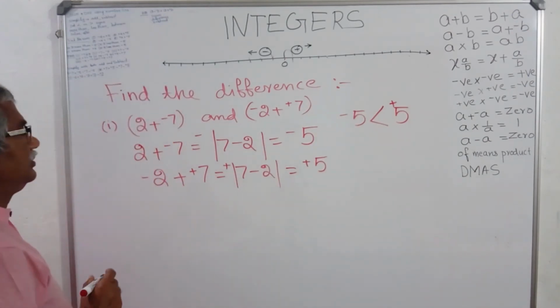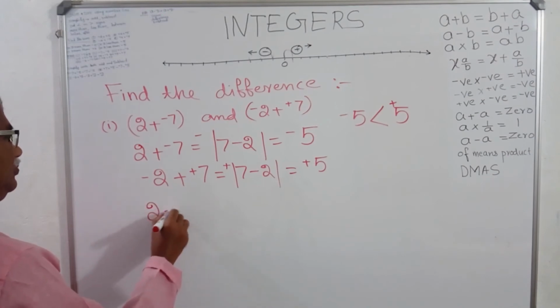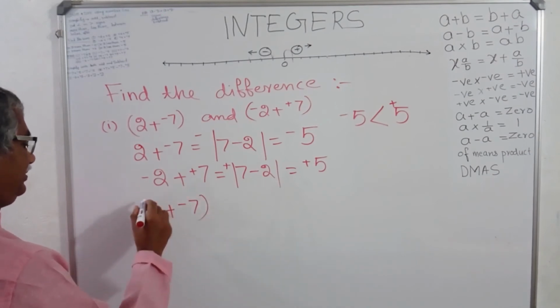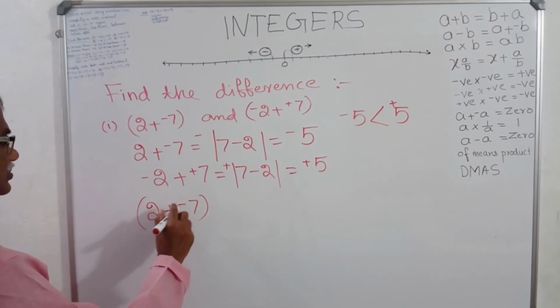Therefore, to find the difference, 2 plus negative 7 is the first one. But it is smaller, so we cannot do it that way.